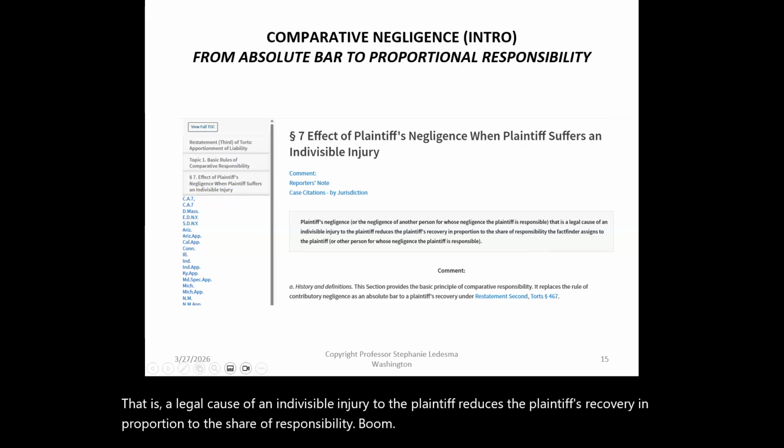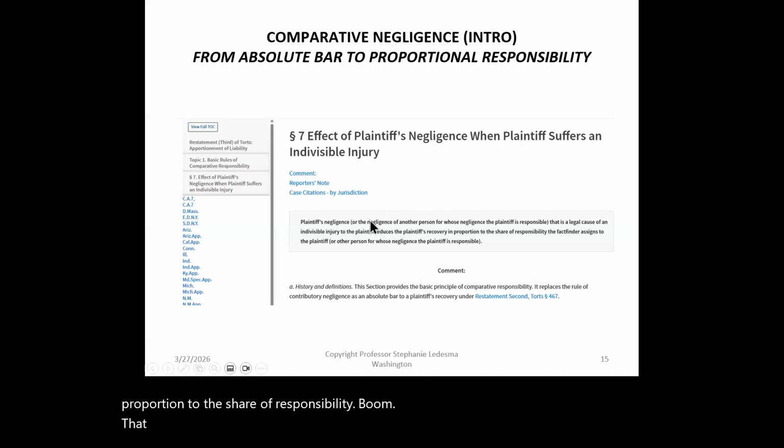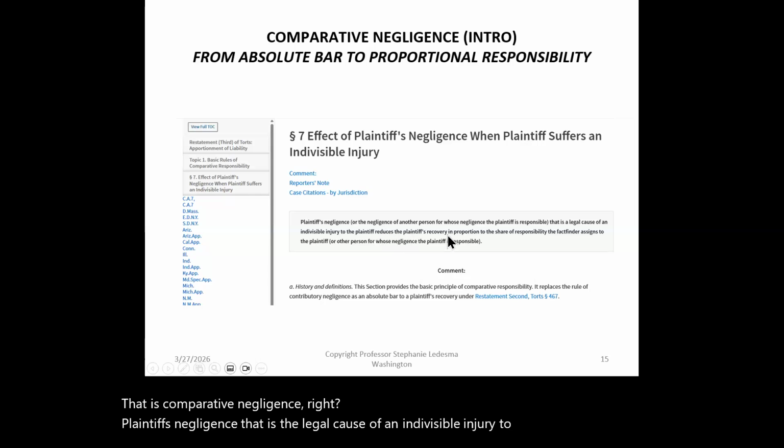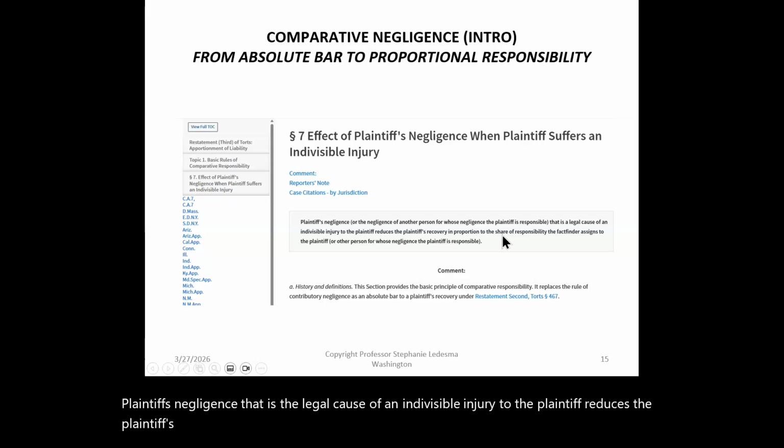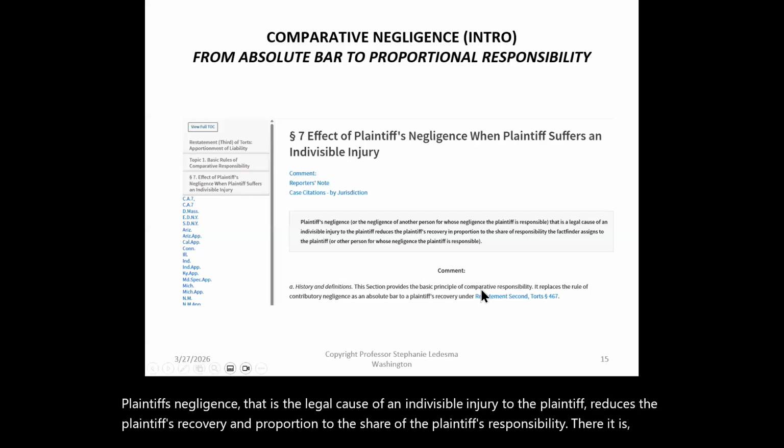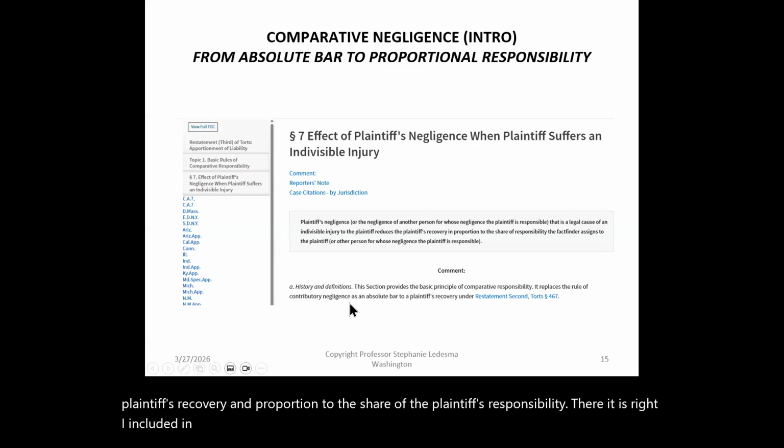That is comparative negligence, right? Plaintiff's negligence that is the legal cause of an indivisible injury to the plaintiff reduces the plaintiff's recovery in proportion to the share of the plaintiff's responsibility. There it is, right?